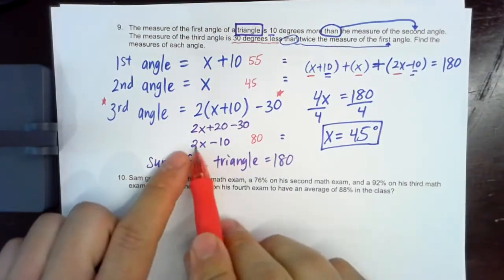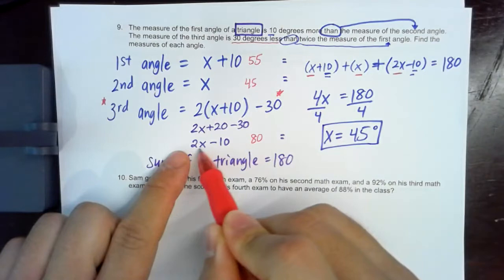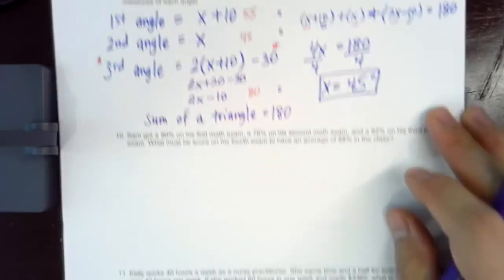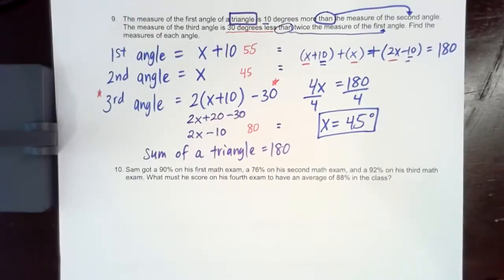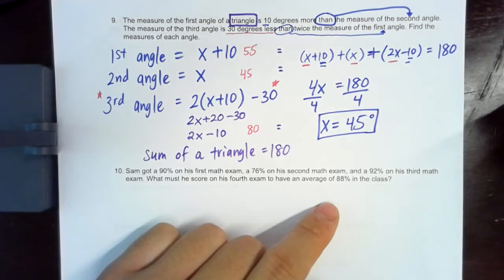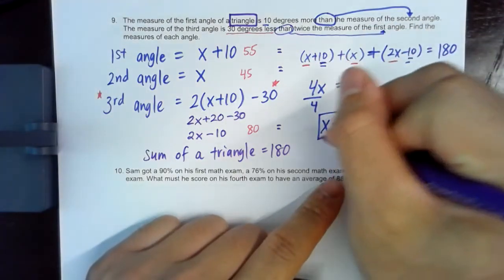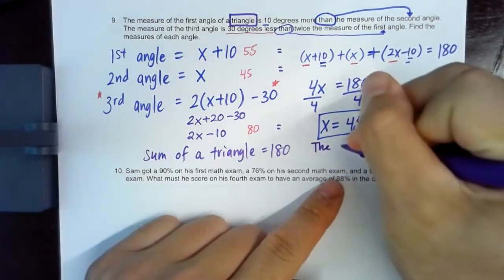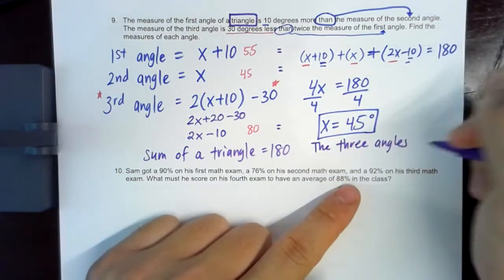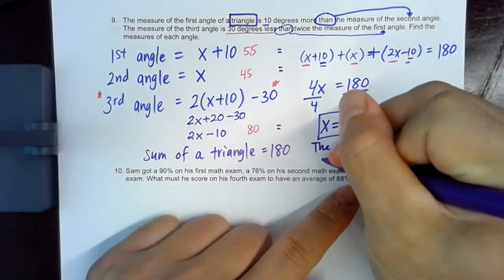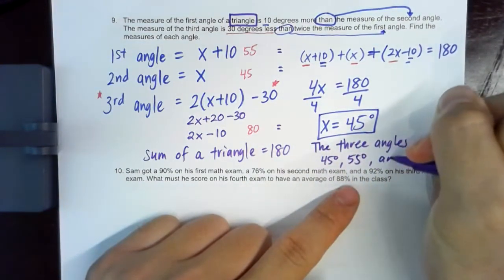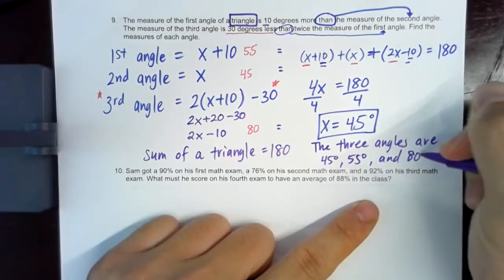Also, if I were to double x, which is 45, that's 90 minus 10, so that's 80. So I know I'm right. And now you'll have to write the final concluding part of your answer, which is the three angles are 45 degrees, 55 degrees, and 80 degrees.